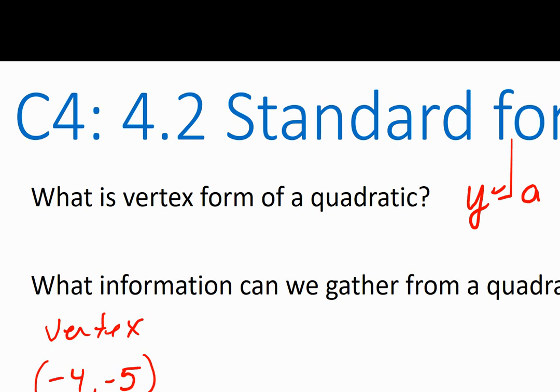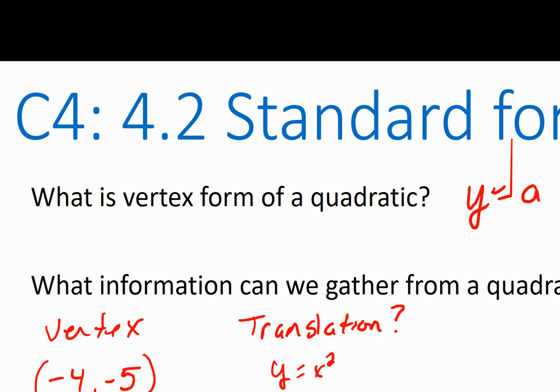Okay, is there any sort of translation? So we know our parent function is just that x squared, the parabola going through the origin, it opens up. Is there any sort of translation that's taking place with this one now that we've written in vertex form? Jack, what do you think? Translation is a shift. So when we had y equals x squared, Jack, where's the vertex on y equals x squared? 0, 0.